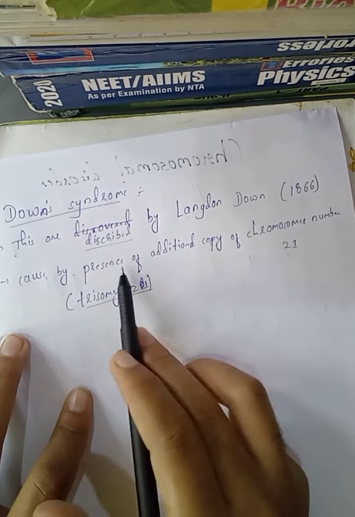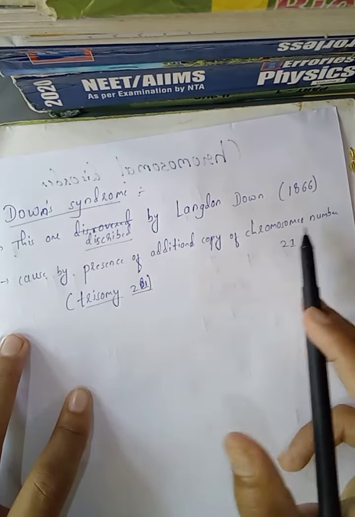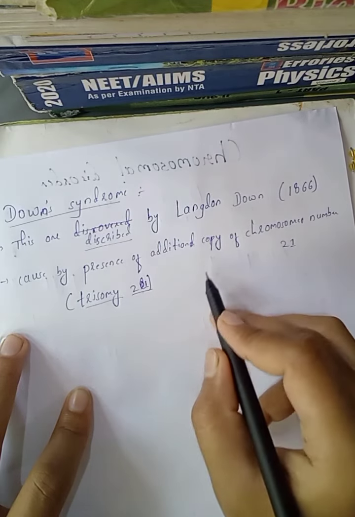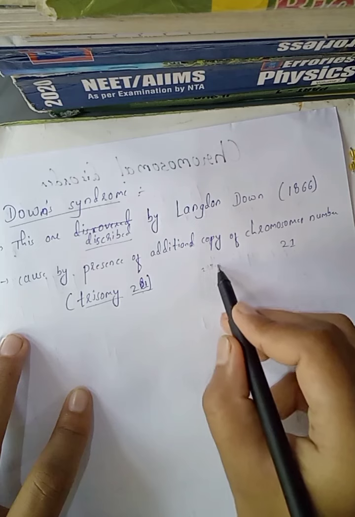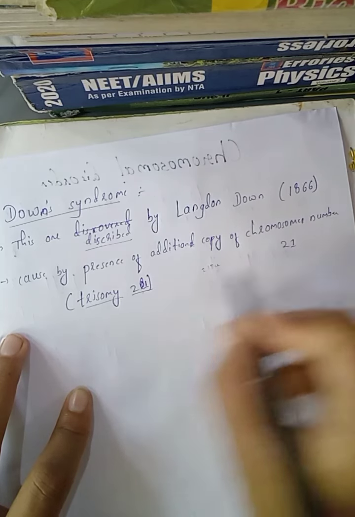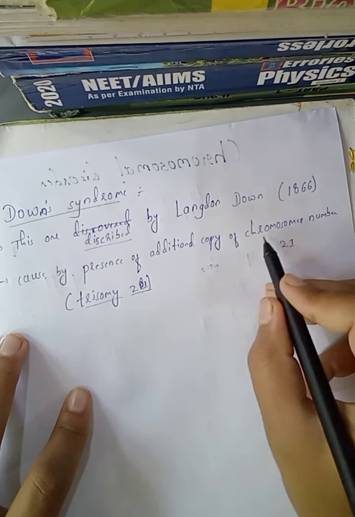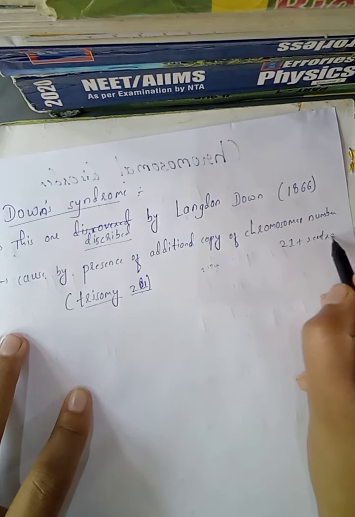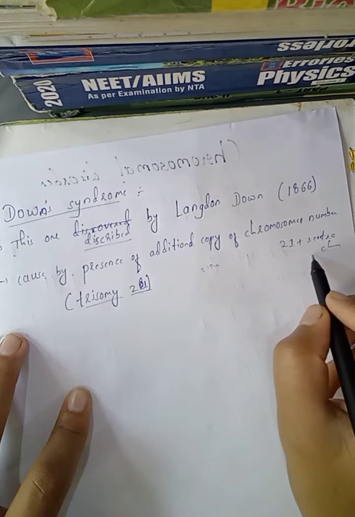It is caused by the presence of an additional copy of chromosome number 21, that is trisomy 21. Among the 23 pairs of human chromosomes, chromosome 21 has one extra copy.